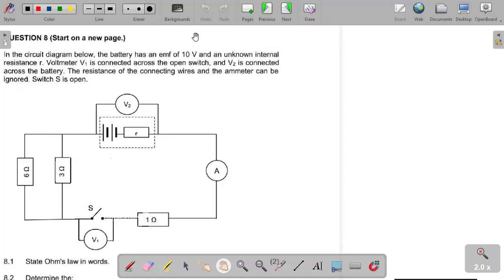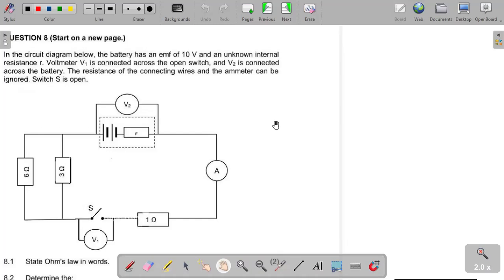So let us continue with term 3 work. So what we continue with, this is lesson 4 electric circuits here.